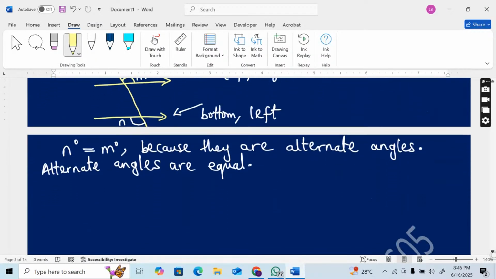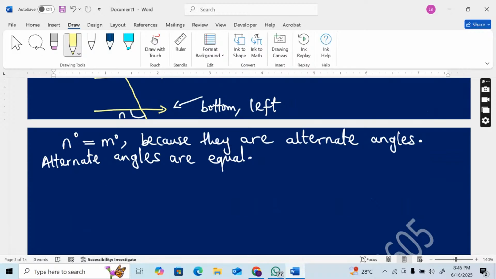Let's see another example. So these are parallel lines. Then we can have 68 degrees here.